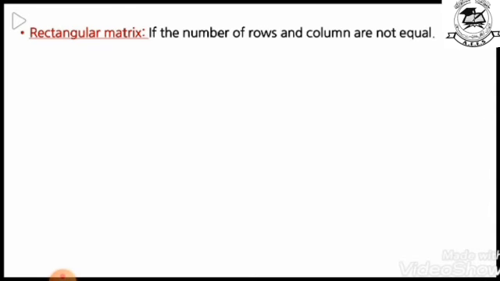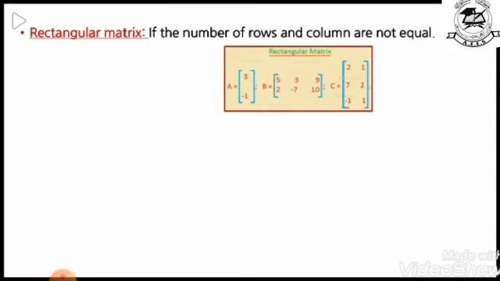For example, in matrix A, we have 2 rows and 1 column. And in B, we have 2 rows and how many columns are there? 3. Number C, we have 3 rows and only 2 columns. Now, number of rows and columns are not equal. These types of matrices are called rectangular matrix.